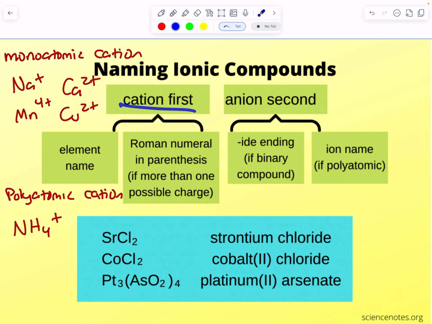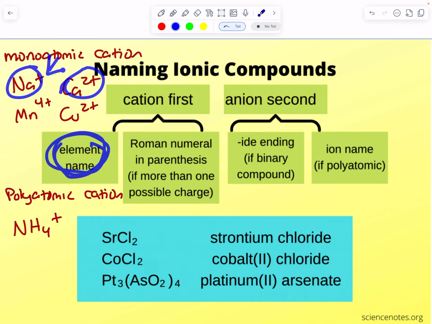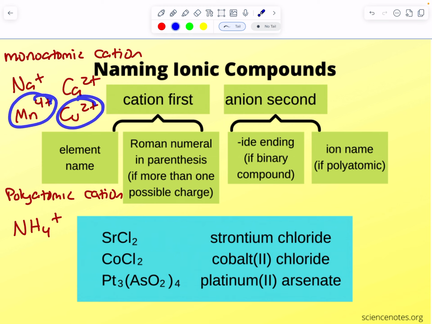And they're always written first. If I have a normal monoatomic cation that is not a transition metal, I just write the element's name. So this is sodium, this is calcium. However, if I have a Roman numeral element, such as a transition metal, they require Roman numerals.